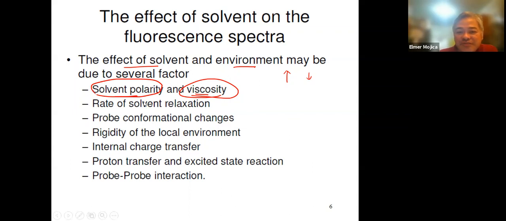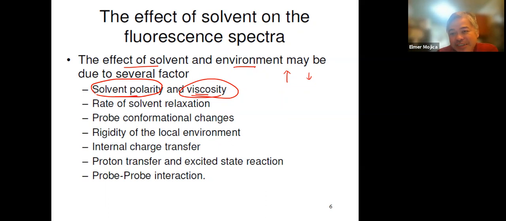Due to the solvent polarity and viscosity. Usually, it can be the excitation or it can be the emission. Okay? But if you're just looking at the steady state, mostly it's the excitation.